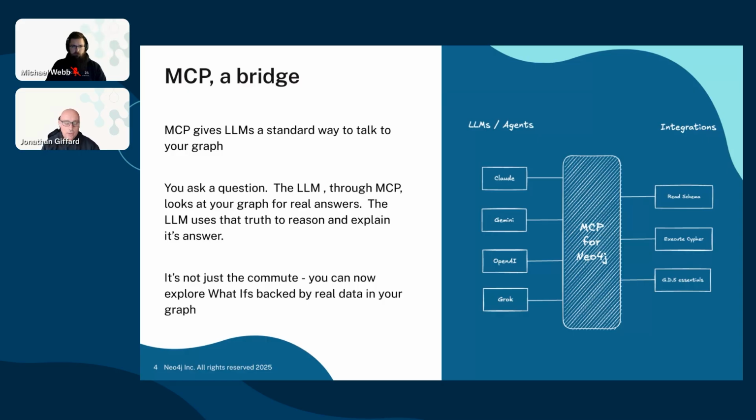So I can now evolve my immediate questions into more of a conversation and explore. And it's not just the London Underground. You could do that with your supply chain. You could ask, given my most popular product, can you show me potential bottlenecks in my supply chain? So now we've got real world data. We connected it to our agent via MCP.